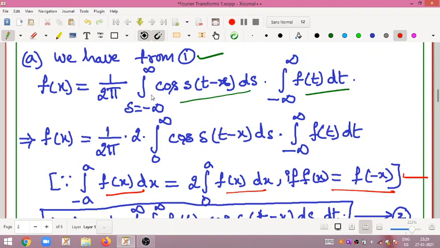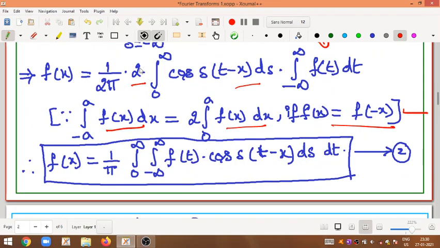So the integral from minus infinity to plus infinity becomes 2 times the integral from 0 to infinity of cos s of t minus x ds. The other term we write as it is.